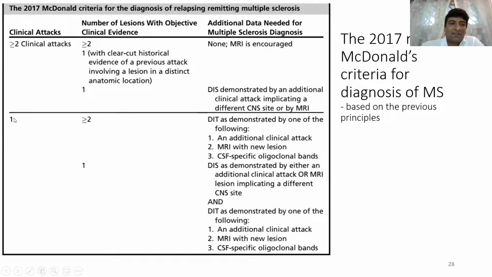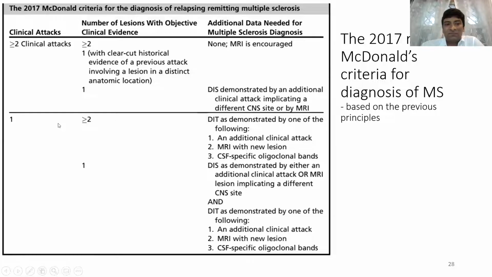On the other hand, if the patient has had only one attack, you do a scan and you see two lesions. So you saw the right eye optic nerve changes, and you also saw periventricular changes, which are showing gadolinium enhancement. Then you can actually confirm dissemination in time as well.